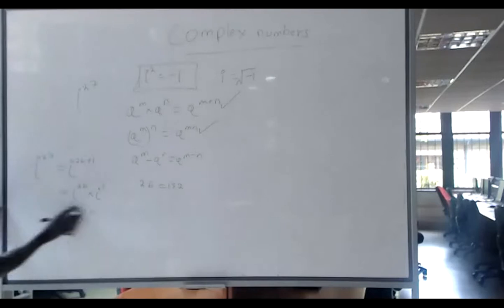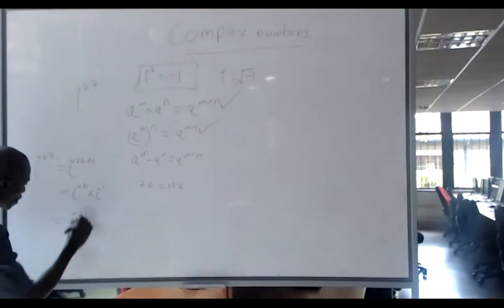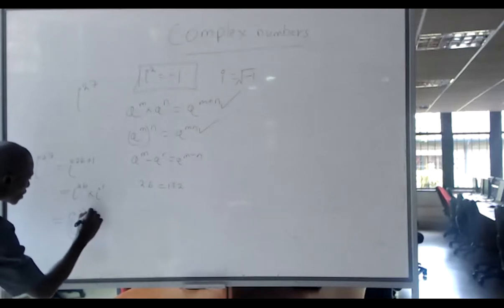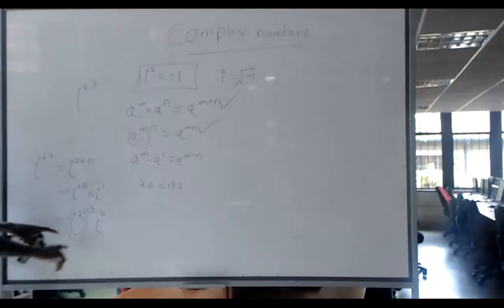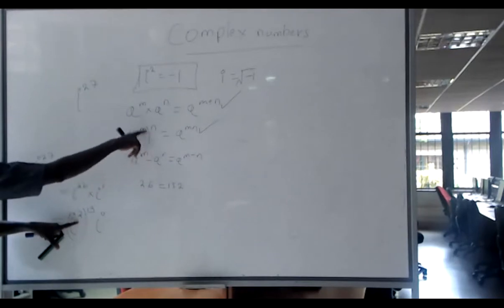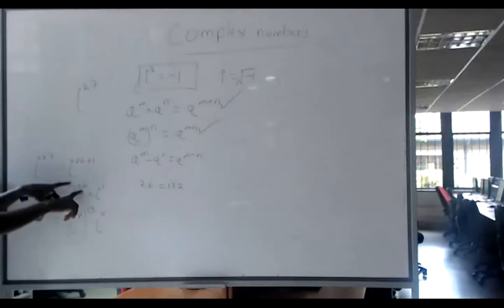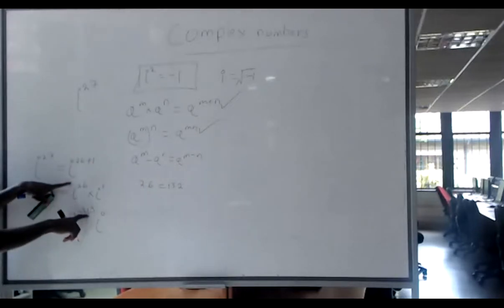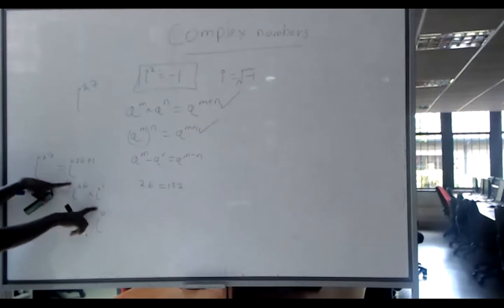I squared, all raised to power 13, times I. The 26 that we have is 2 times 13. I'm using the second law now. Raising an exponent to another exponent is like multiplying the exponents. So I have 26 as a product of 2 and 13. Therefore, I can write I to the 26 as I squared raised to 13.